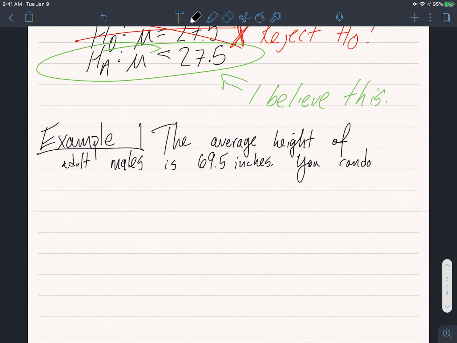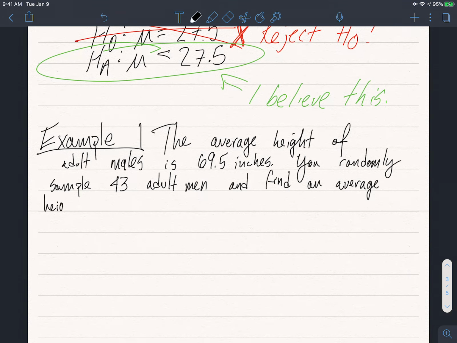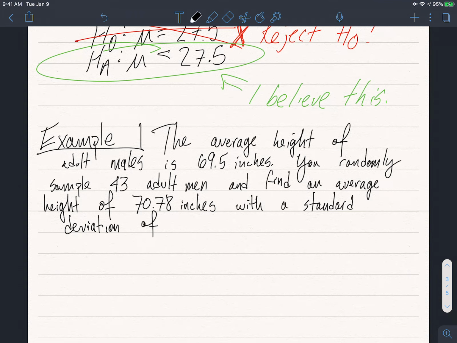You randomly sample 43 adult men and find an average height of 70.78 inches with a standard deviation of 2.77 inches.